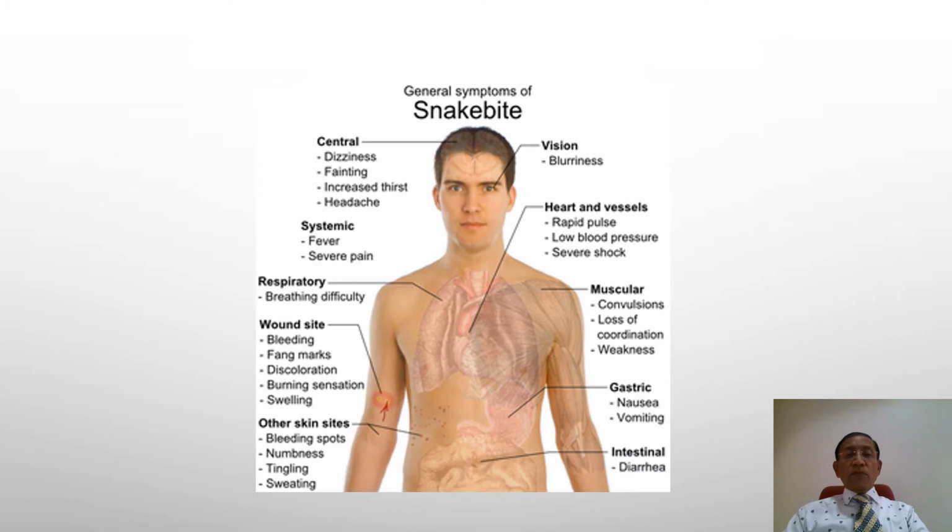At the site of the wound, one can have bleeding, fang marks, discoloration as we have seen. Then one can get ecchymotic patches on other sites of the body. Then the child can have blurring of vision, convulsions, loss of coordination, nausea, vomiting, diarrhea. There are also some symptoms related to extreme anxiety.